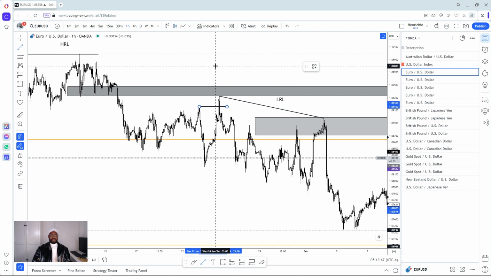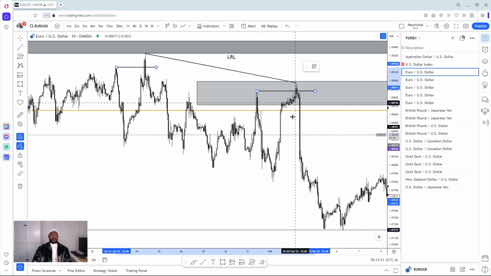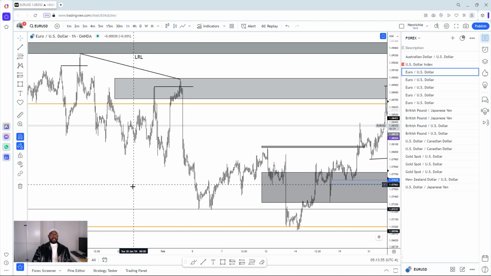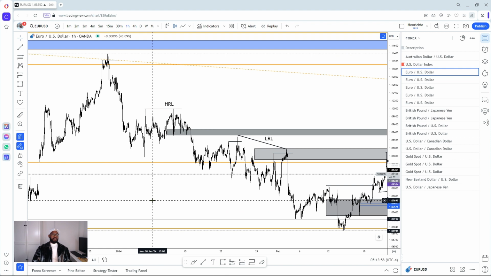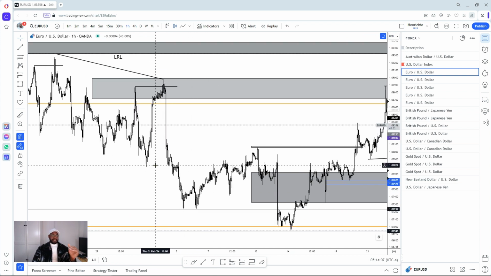Right here, took liquidity, dropped. Every single time, before a high is created, we take liquidity. Before price tops out to create an overall high, it takes liquidity, drops.